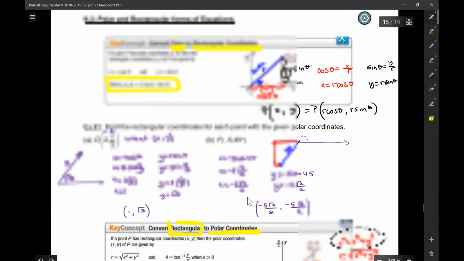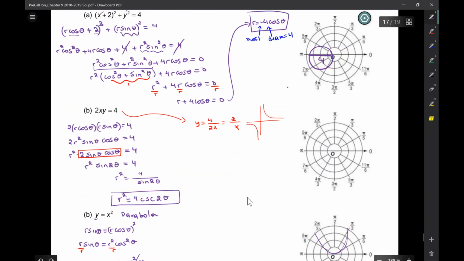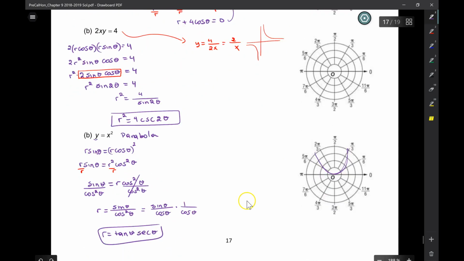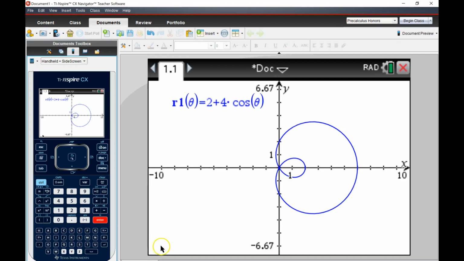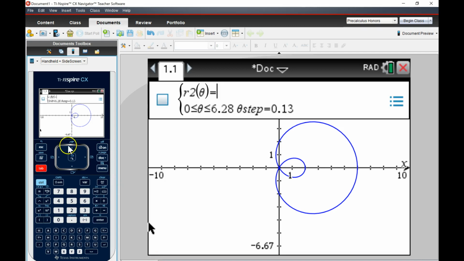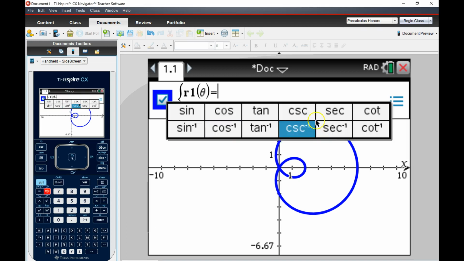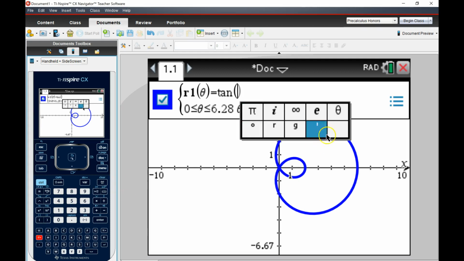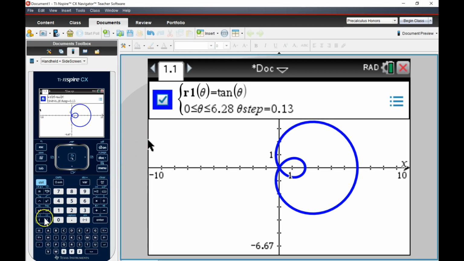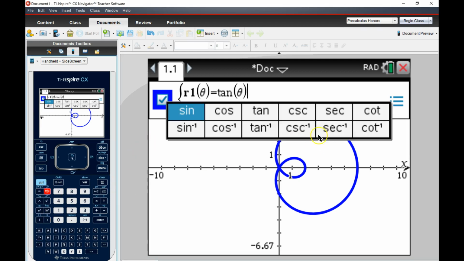Give me one more second. Let's graph this one, the last one here. Tangent theta, secant theta. So let's go back there. And I want to graph tangent theta, secant theta.